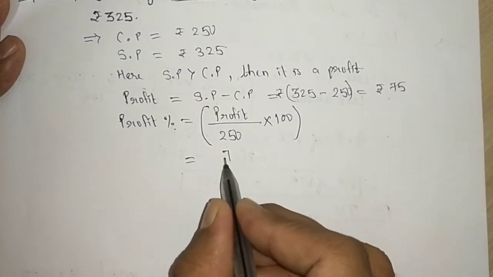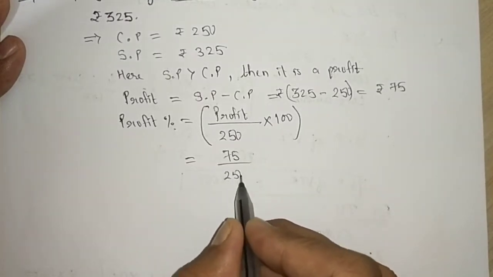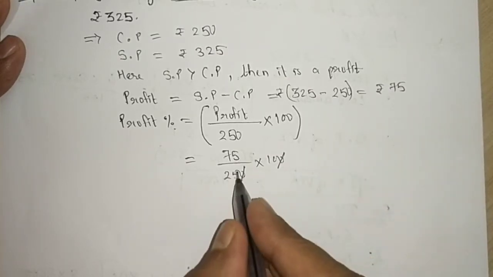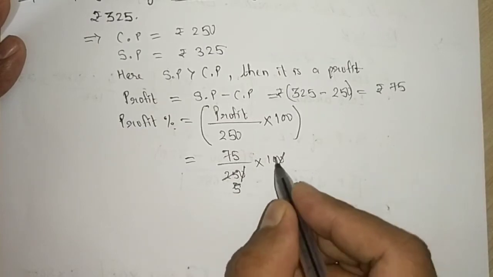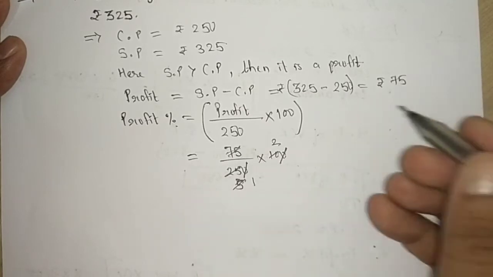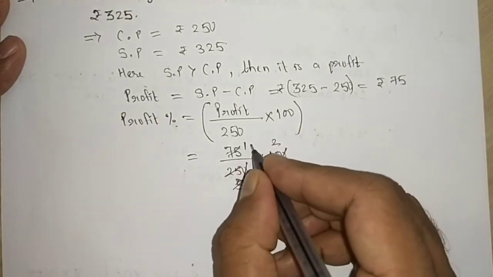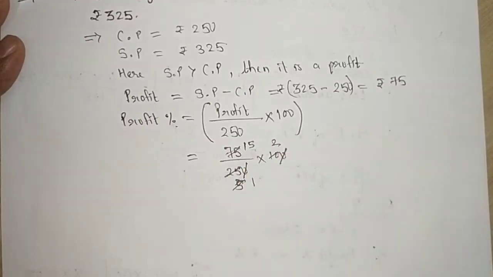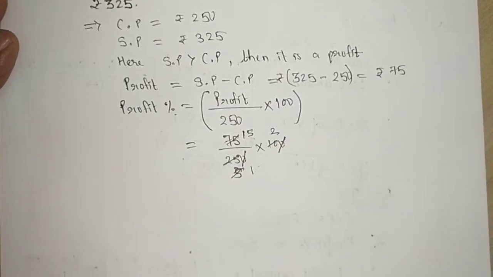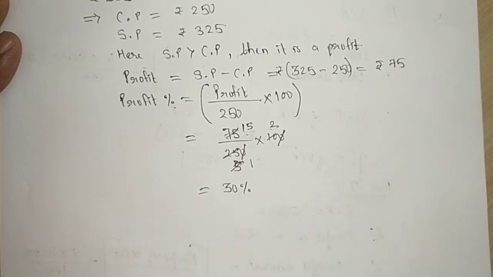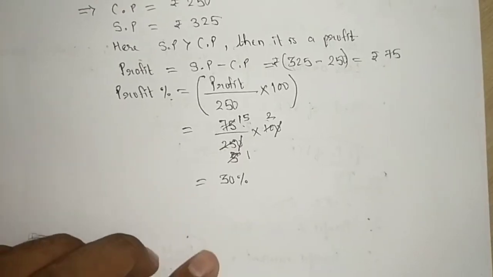Profit is 75 divided by 250 into 100. 0 will cancel out. 5 5s are 25, 5 15s are 75. So 15 2s are 30%. So this is profit, and profit percent is 30%.